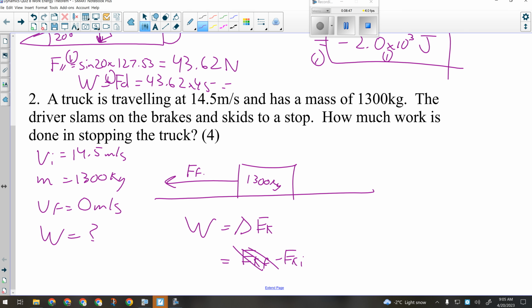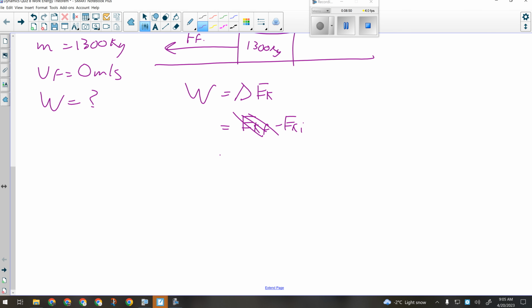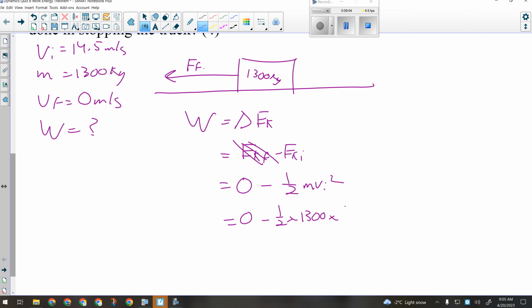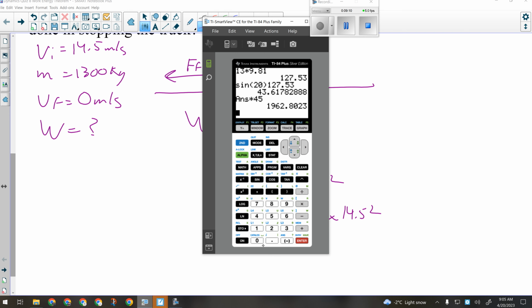So it's the same as the last question: 0 minus 1/2 MVI squared, which is 0 minus 0.5 times 1,300 times 14.5 squared.